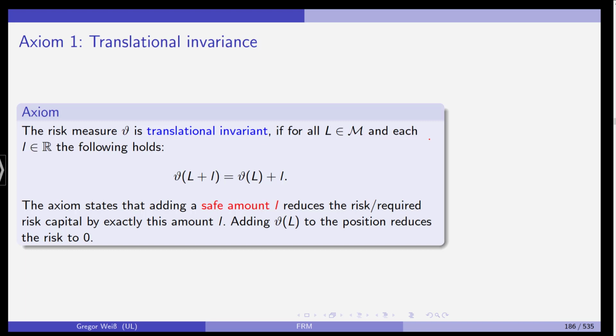If you add an amount of capital small l to the risk L, then the risk capital of L plus small l states, in an economic sense, that adding a risk-free amount small l reduces the required risk capital by exactly this amount small l. In other words, if you add mu of L to the position, this will hedge the position and reduce it to zero. Ich sage das kurz auf Deutsch.